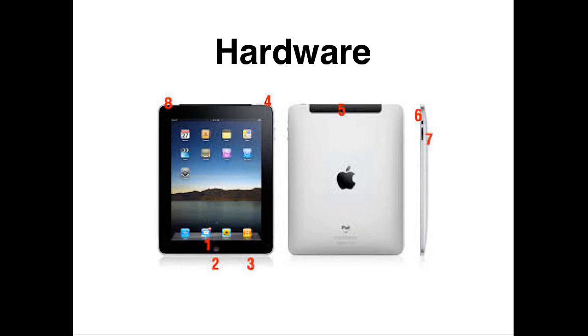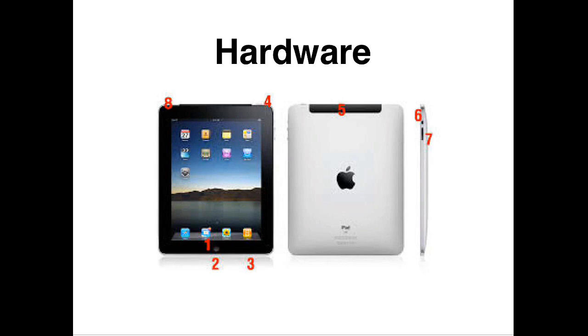When you do this, you'll hear a screenshot sound, like a camera being activated. And what that does is it will take a screenshot of anything that's on your screen and save it directly into your camera roll.